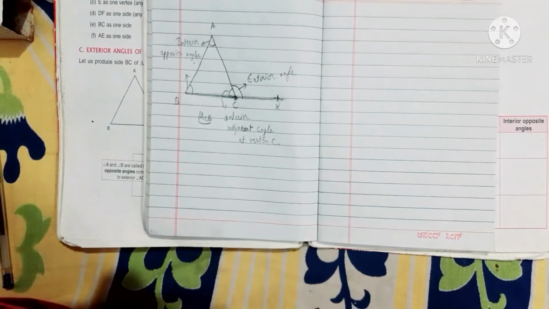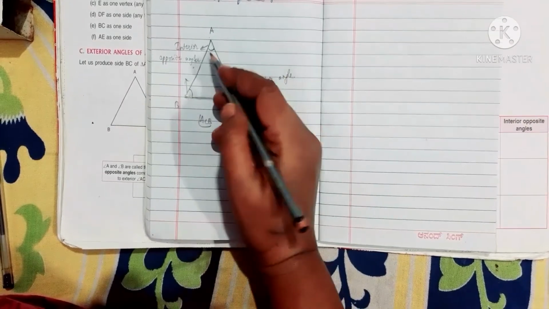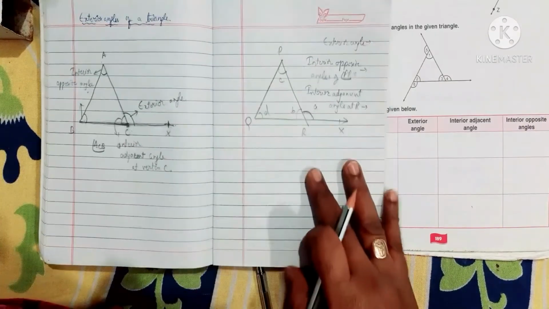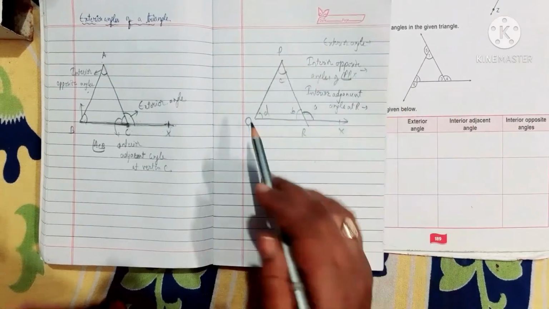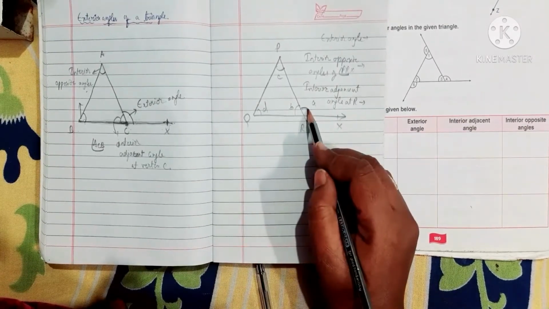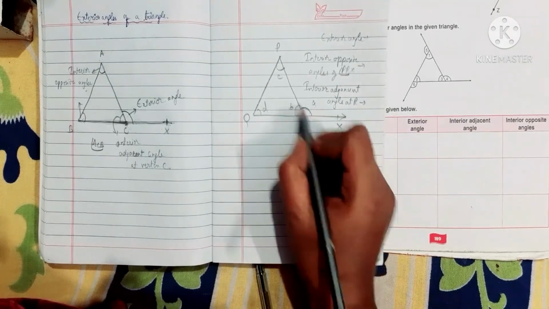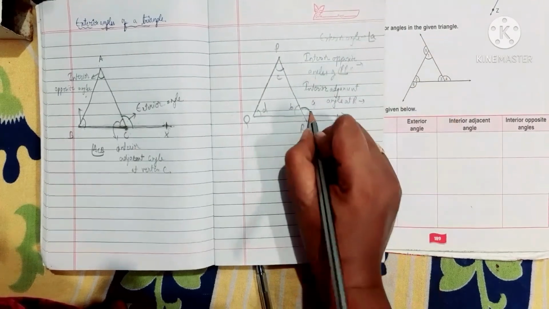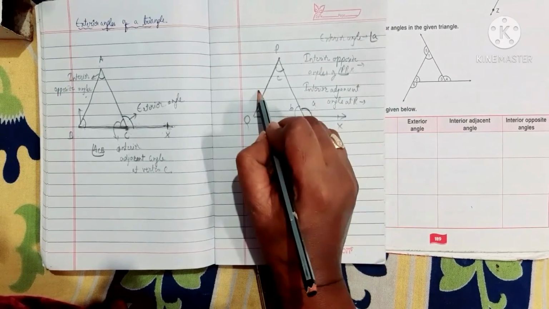So in this way we have learnt the exterior angle as well as some of the terms related to the inside of the triangle. Children, here is one more figure, triangle PQR. When QR is extended to point X, you get an exterior angle, that is angle A. Angle A is the exterior angle.